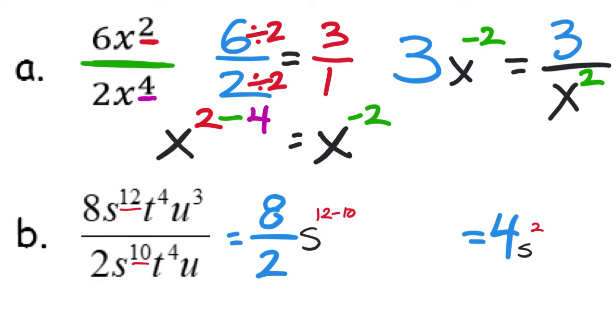Now, here's something interesting that happens with the base t's. You got a 4 in the numerator, and a 4 in the denominator. Again, since we're dividing the same bases, we're subtracting the exponents. Well, everyone knows that something subtracted from itself is 0.